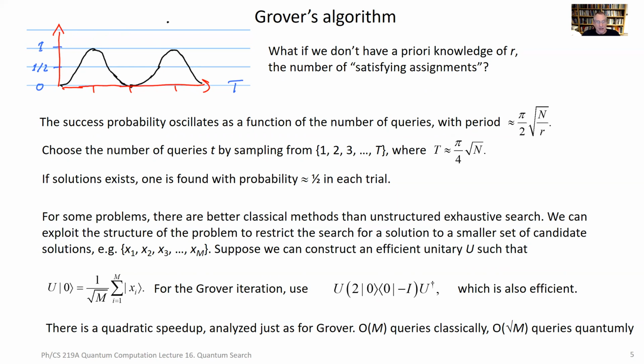And so the number of queries I'd need classically here is capital N, but quantumly I can make it order square root of N. And there you can generalize that a little bit more. But essentially, if you do some kind of search which is informed by the structure of the problem, if you can do it classically, then you can speed it up quantumly, quadratically, by using Grover's idea.